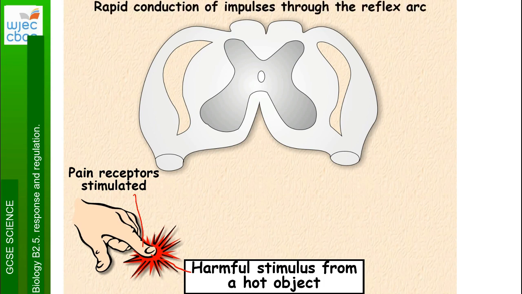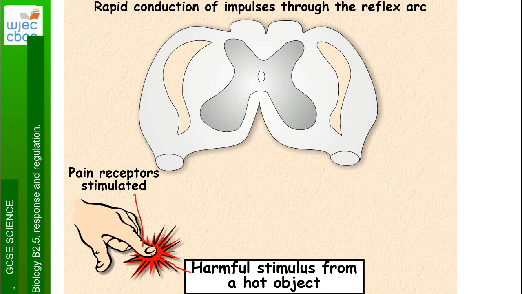The response then to this stimulus would be a rapid conduction, so very fast impulses through the reflex arc. The reflex arc is the sequence of neurons that this information would then be passed through.